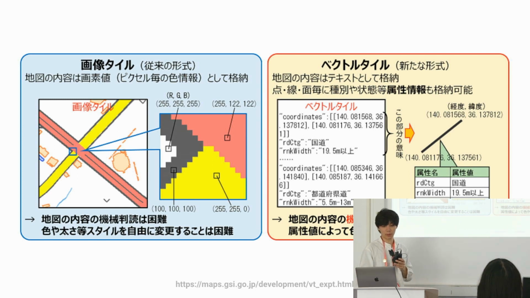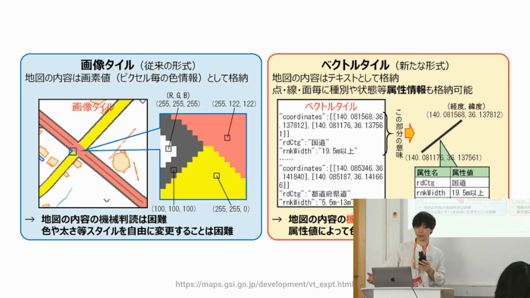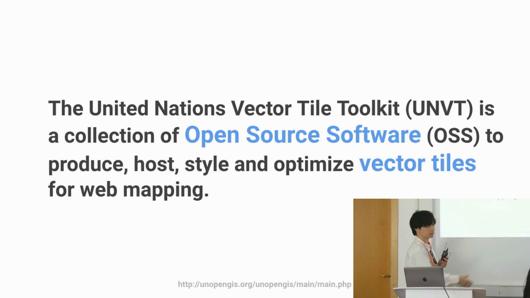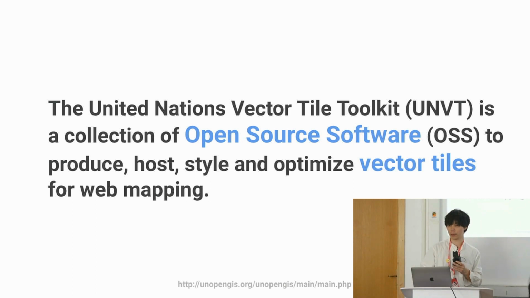So we want to expand vector tile maps for web mapping. That's why the United Nations Vector Tile Toolkit focuses on vector tiles, especially to produce, host, style, and optimize them using open source, open data, and open hardware.